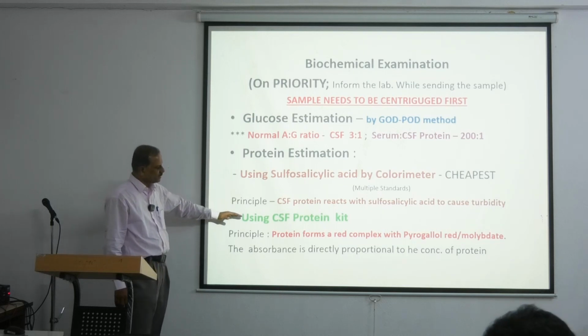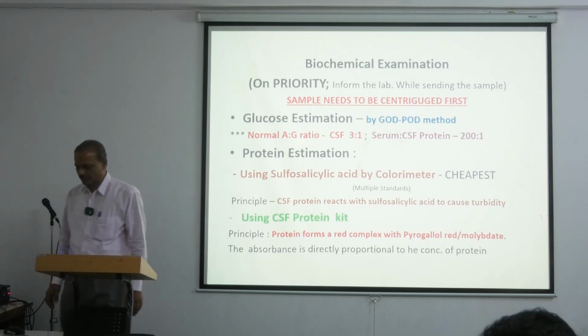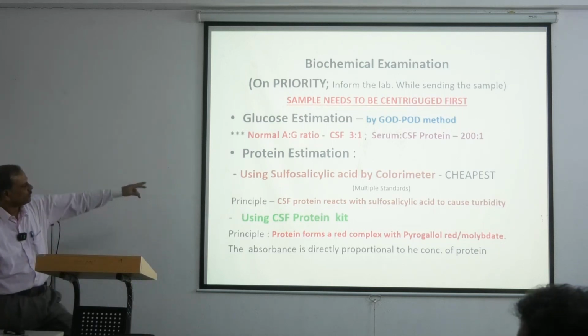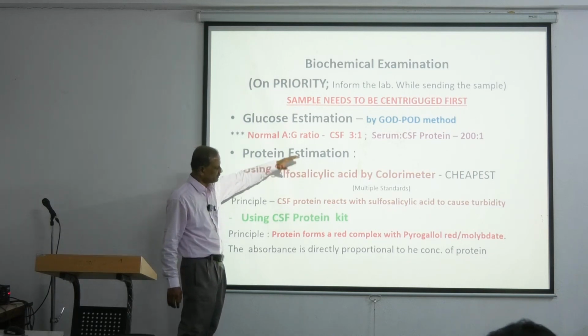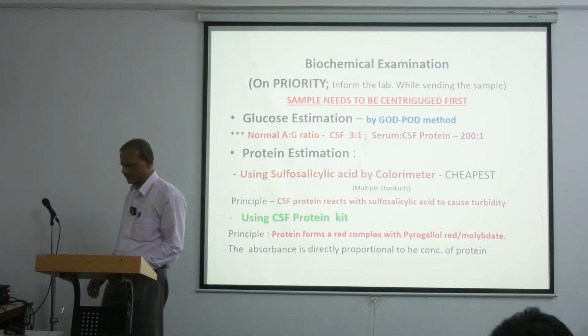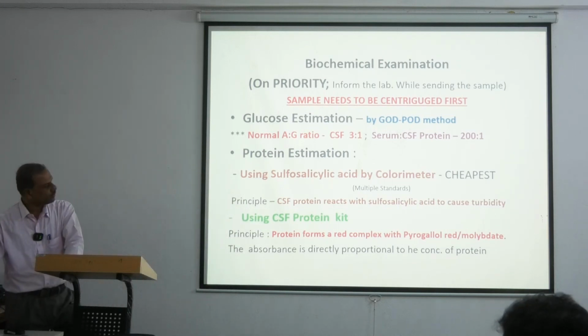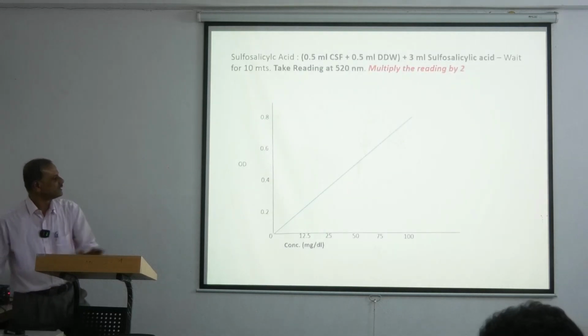There is another method, the pyrogallol method, that is just like your blood glucose estimation. The sulfosalicylic acid method we have been using in our laboratory is a quite stable reagent, and the results are very reproducible, so we did not go to other methods. See, there is a standard curve.